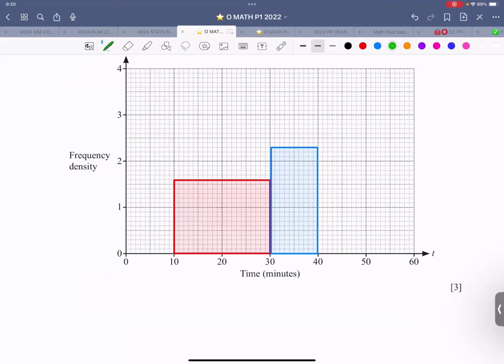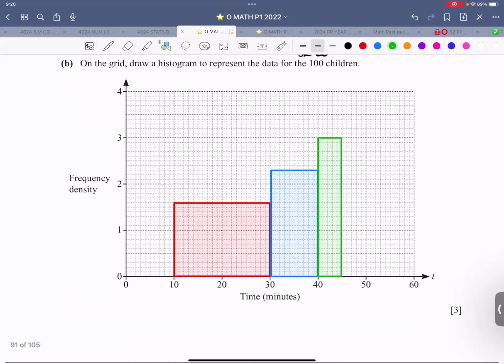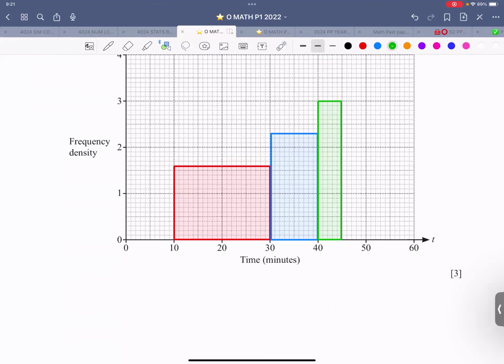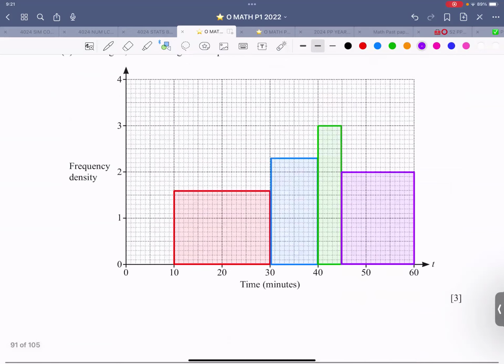So now let me draw 3, 40 to 45. Okay. And then 45 till 60, the height is 2. You can change the color. So that's how the histogram is completed.